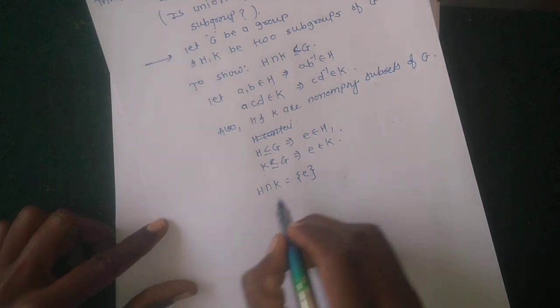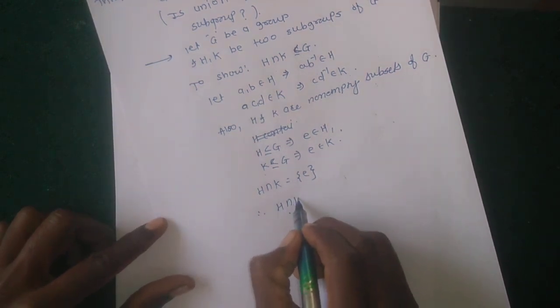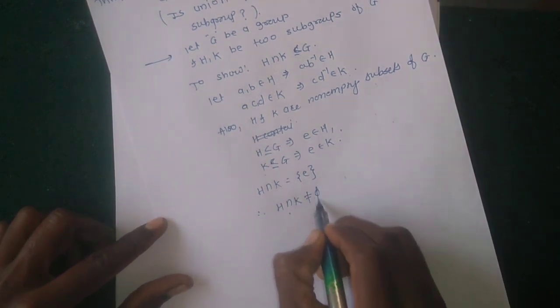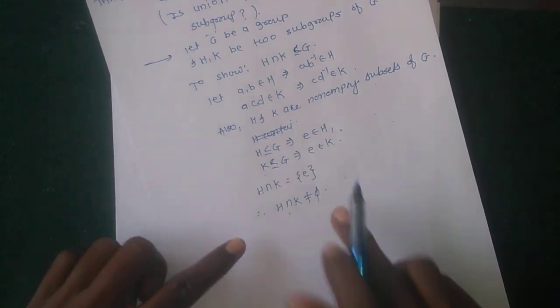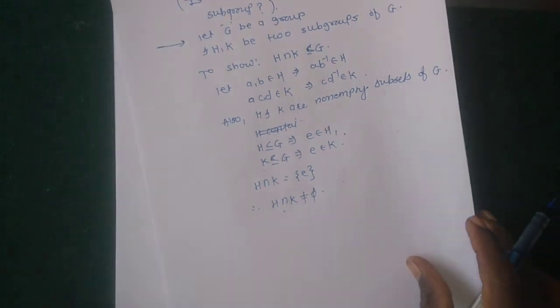Therefore H intersection K is a non-empty subset of G.